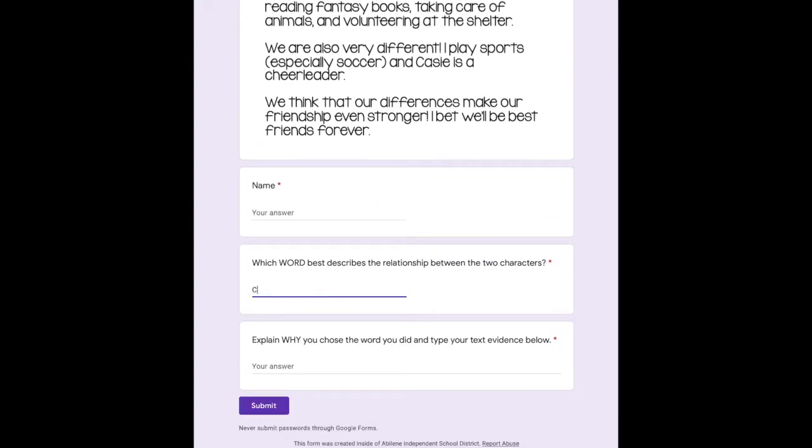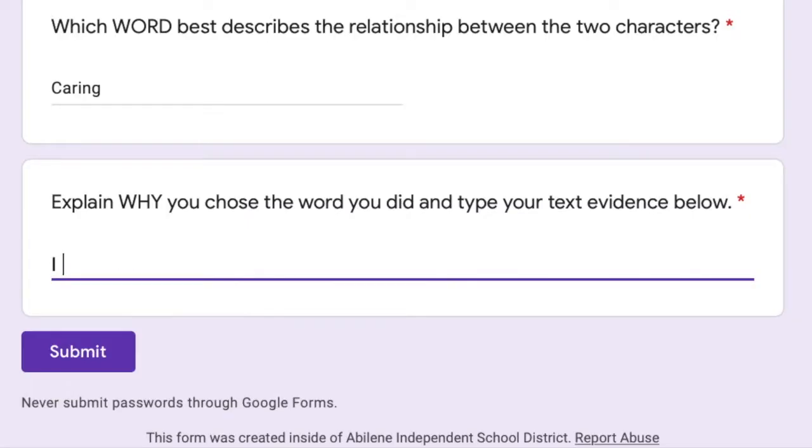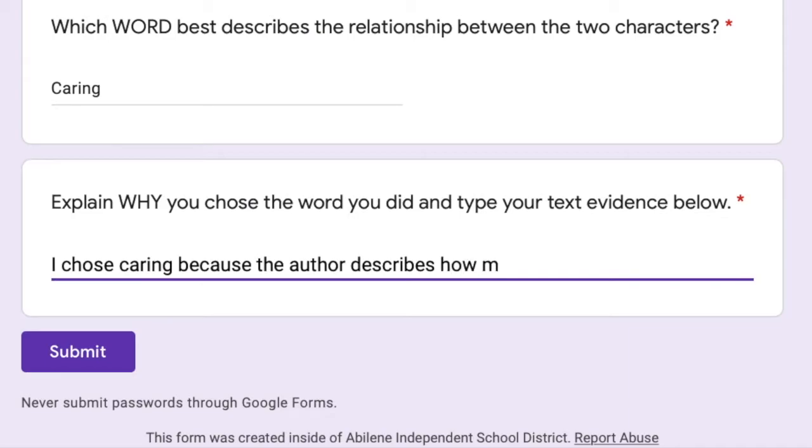caring. The reason why I chose this word, because we want to say why we chose it. I chose caring because the author describes how much her and her friend get along.